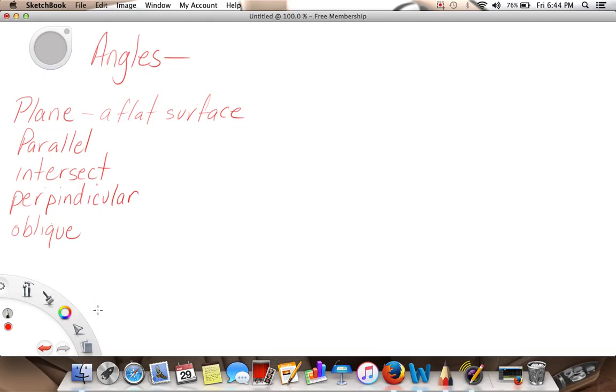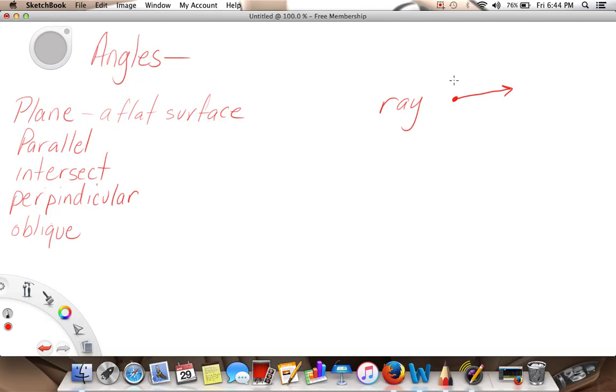So in order to make an angle, you have what's called a ray, and a ray looks like this. It has an endpoint and it has direction like that. So an angle is made when I have two rays that intersect. They have a common point. So intersect means that they cross one another.